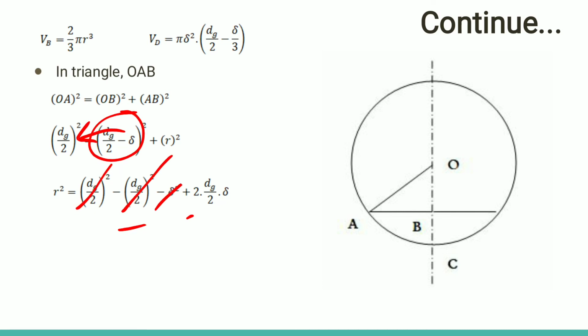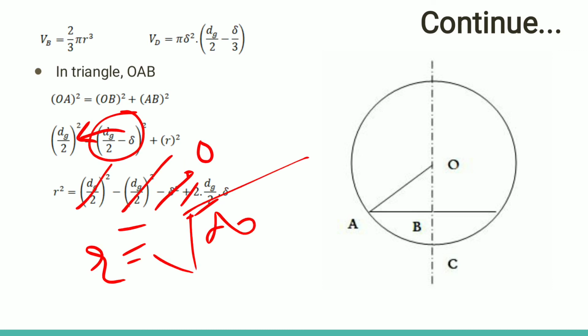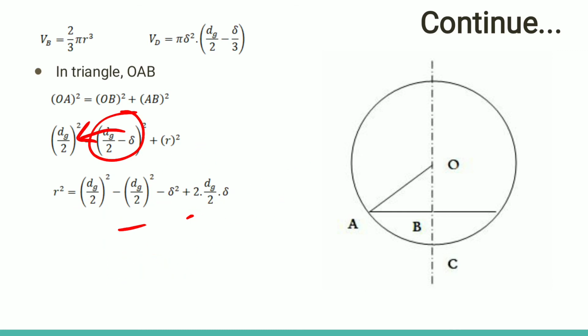Now delta is very small, so I'm considering delta square as 0. The 2 will cancel out, so r equals root of dg into delta.